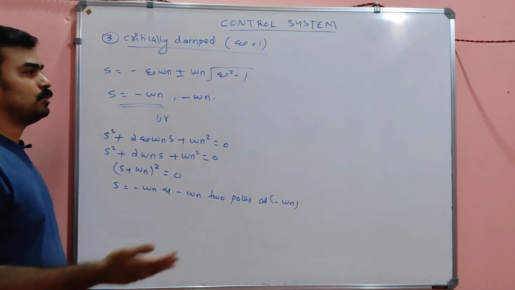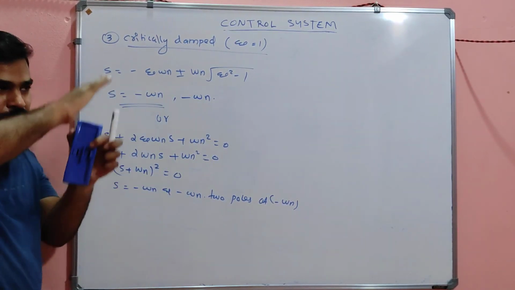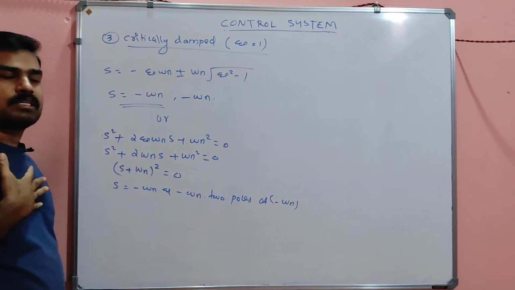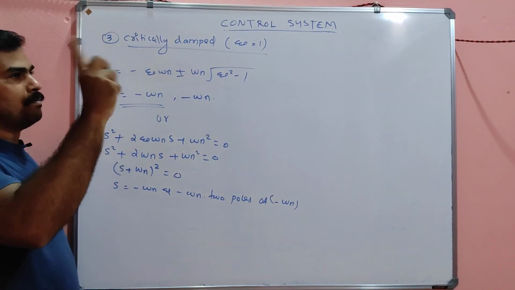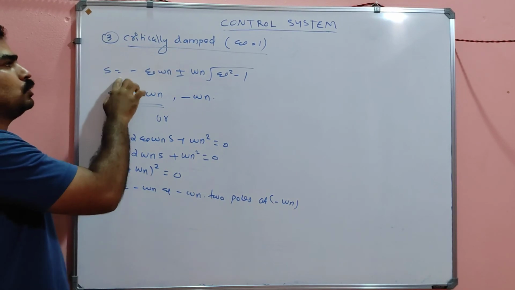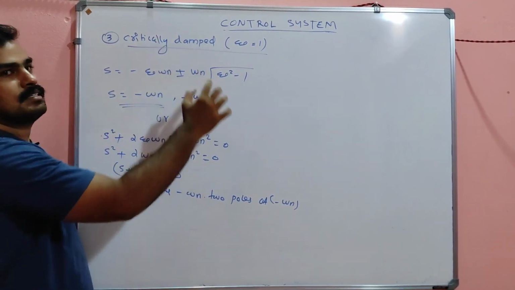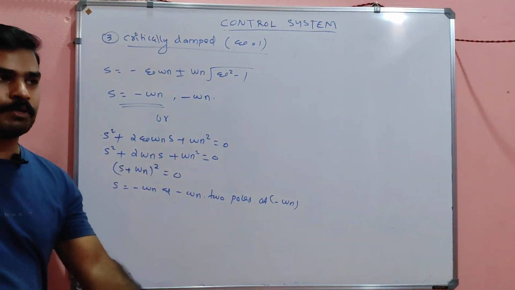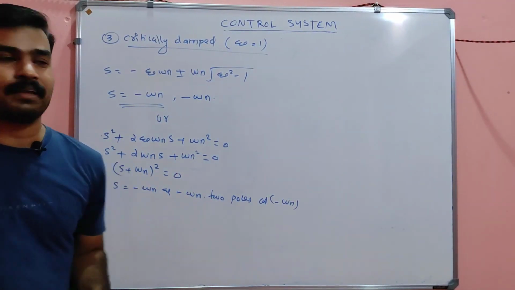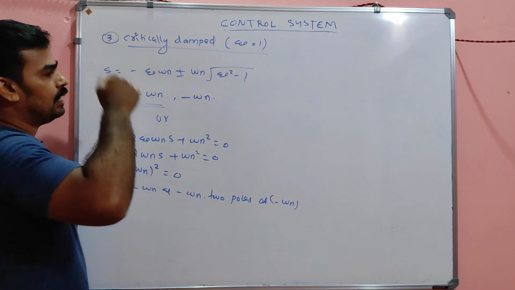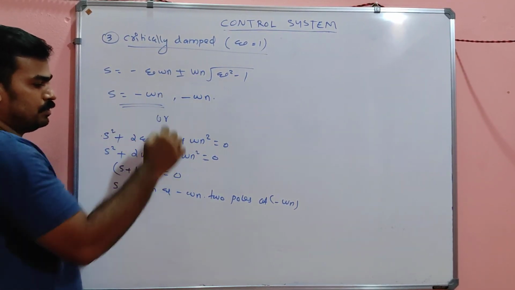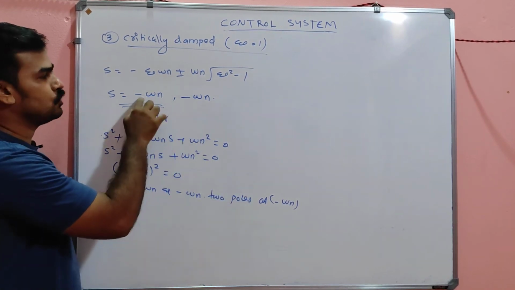For plus there is one value, for minus there is one value. So for plus it is minus omega n, for minus also it is minus omega n. So 2 poles at minus omega n.